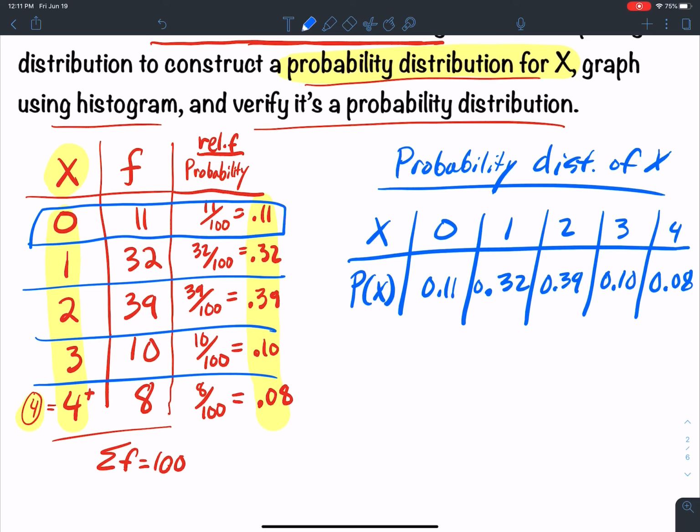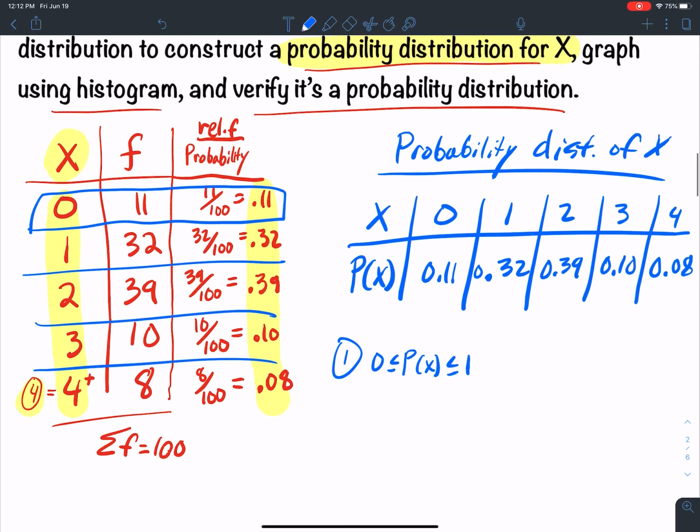Now, I want to graph the histogram, and then I want to verify it's a probability distribution. So first I'm going to verify that it's a probability distribution. There's two things. Number one, all the probabilities have to be between 0 and 1. So what are my probabilities?